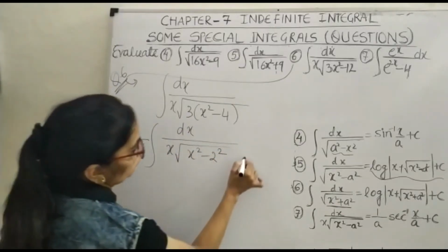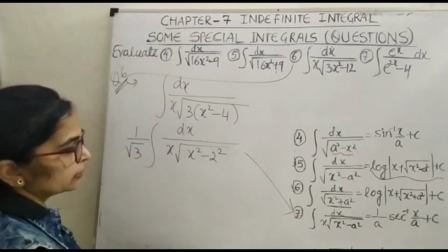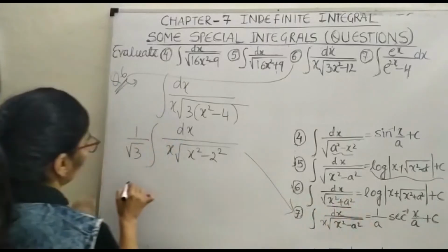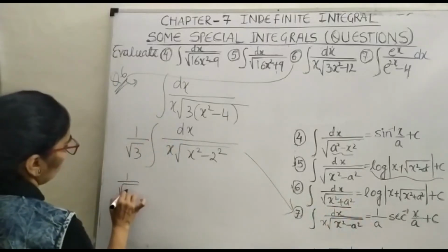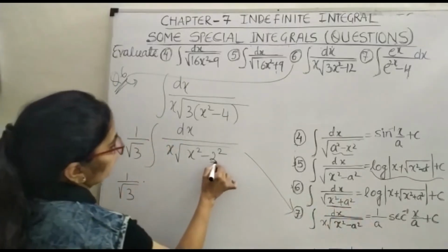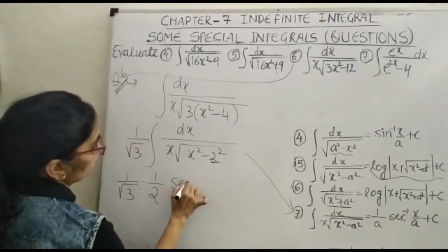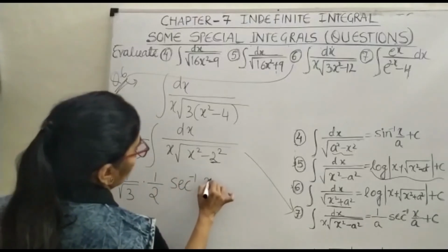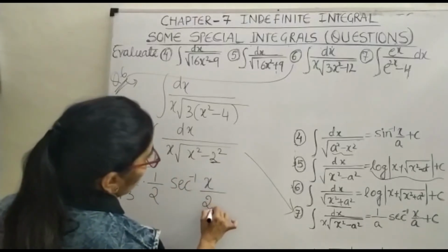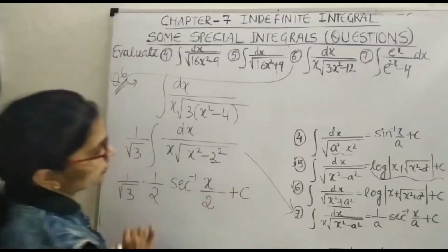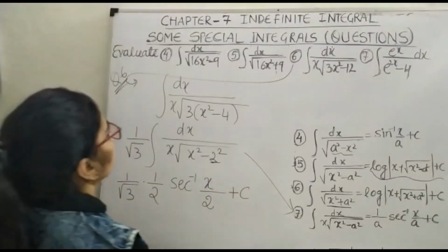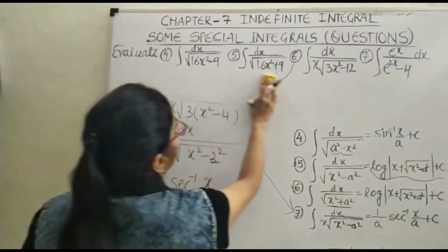Now this is of the form 7. So it is here 1/√3 आपका रहेगा ये 1/a. What is the value of a? 2. So this is 1/2 sec inverse x upon a, means 2, plus c. Okay. Now moving on to question number 7.